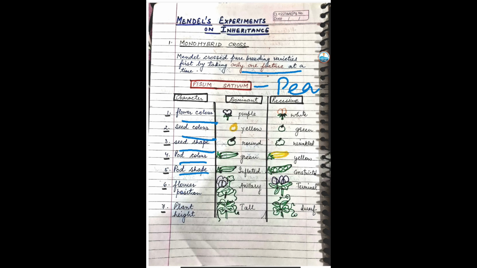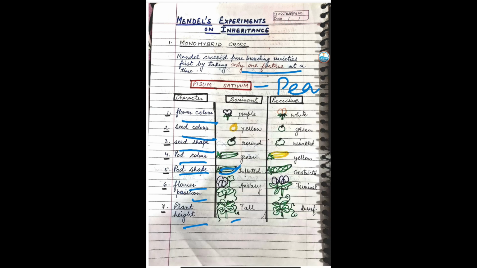You can see that the color is purple, dominant, and recessive is white; seed color yellow, green; round, wrinkled. Pod shape is inflated, then constricted. Flower position: is it axillary, then terminal; and plant height is tall or dwarf.